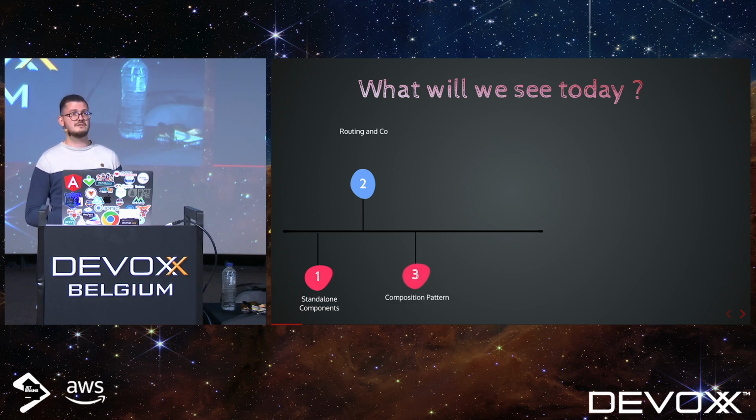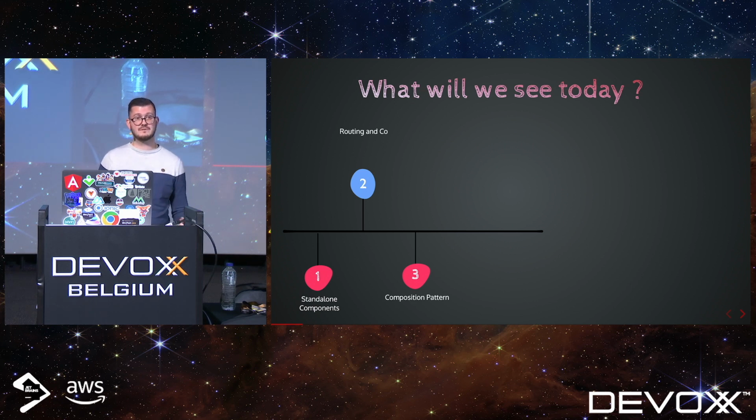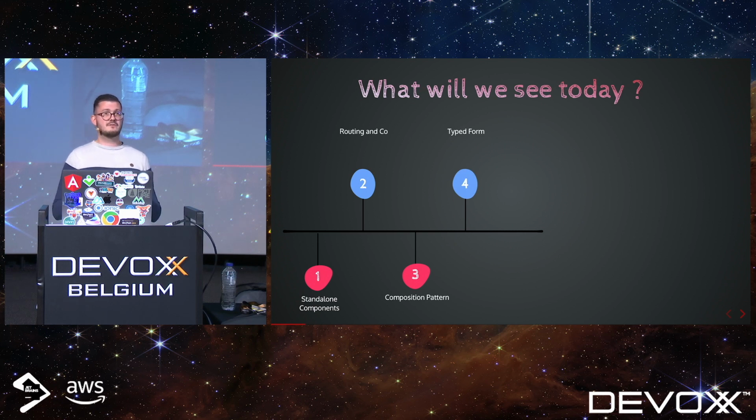And in addition to this amazing feature, Angular introduced a new development pattern called composition, that we can already find in Vue 3 thanks to the composition API. We will deep dive into typed forms because now forms are typed. And finally, we will focus on quick tips and the next features of Angular.